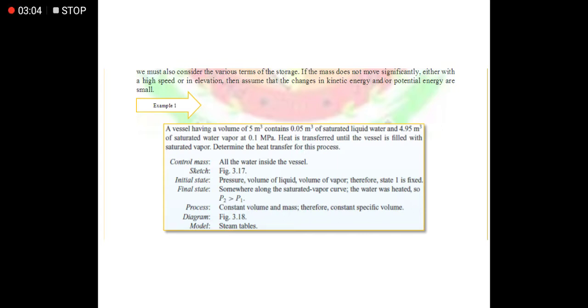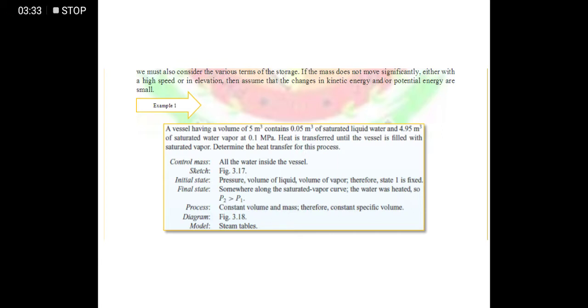State 1 here is the combination of saturated liquid and saturated vapor. Then we have to transfer some value of heat to the system to fully fill the vessel with saturated vapor. Take note that it is saturated vapor, hindi pa siya naging superheated vapor.